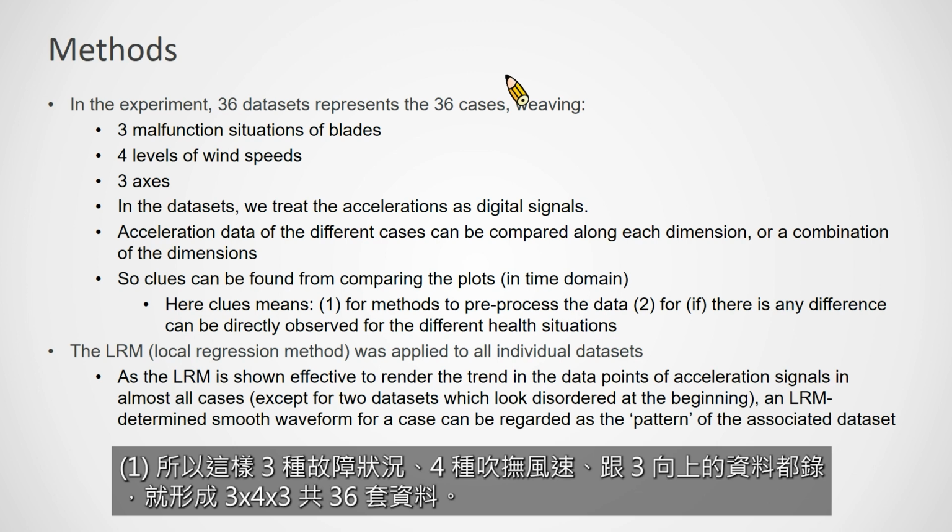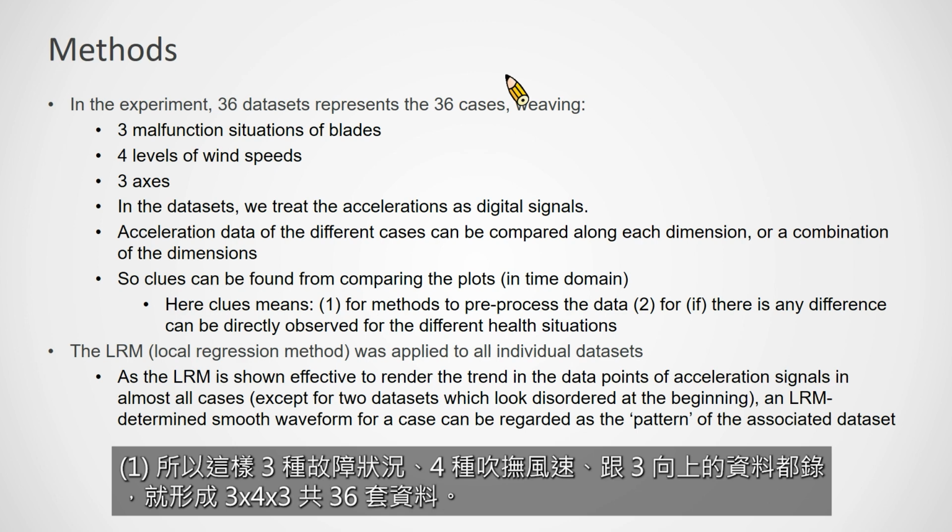For these 3 levels of severity, we sampled the vibration data at 4 wind speeds, namely no wind, 10 meters per second, 20 meters per second, and 30 meters per second. And there are data for 3 axes, namely X, Y, and Z axes. We have a total number of 36 data sets.